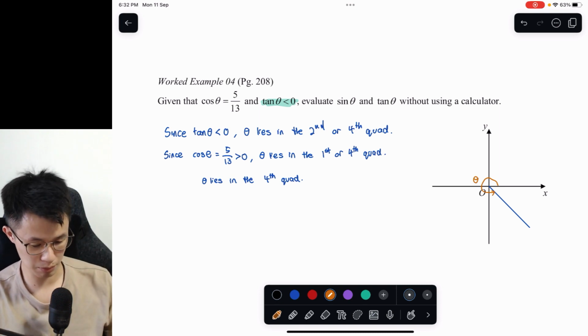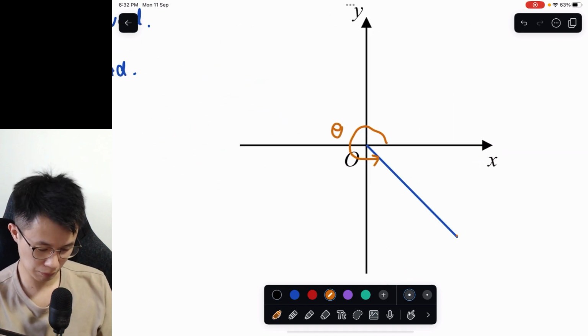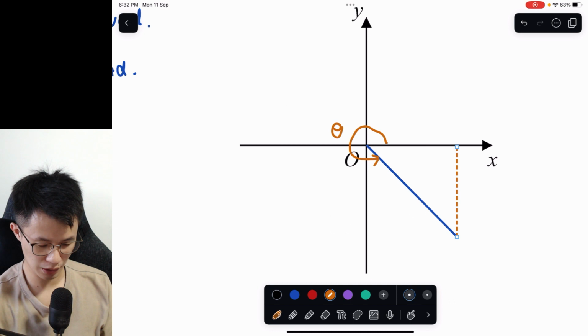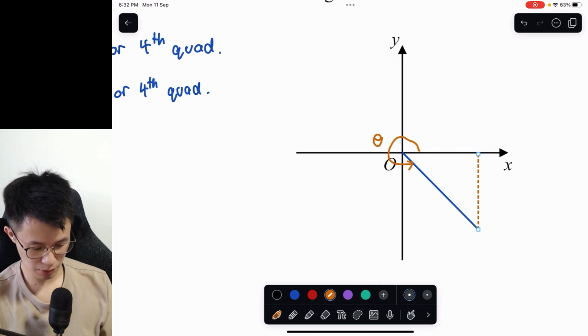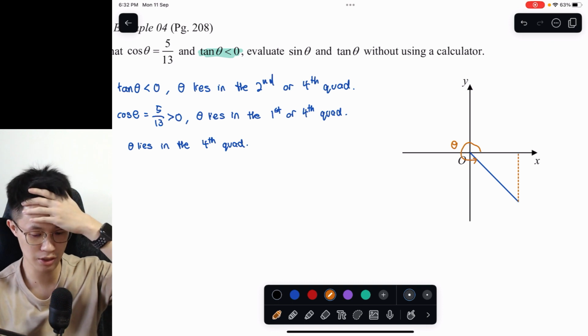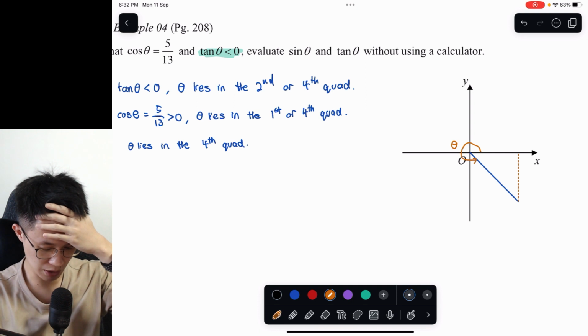So now with that information, we can look at here and figure out, using Pythagoras theorem again, how we're going to figure out where this angle is. Because cosine theta of this angle is here, we can say that the basic angle will also be equal to this angle, right?